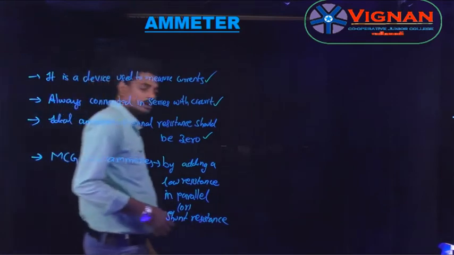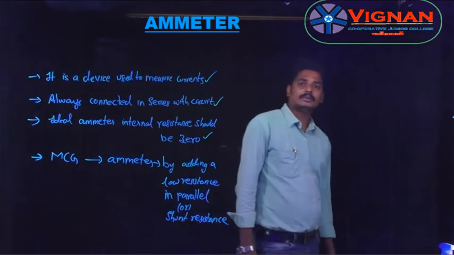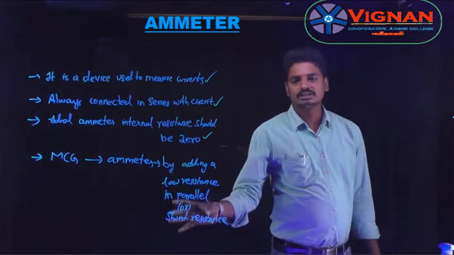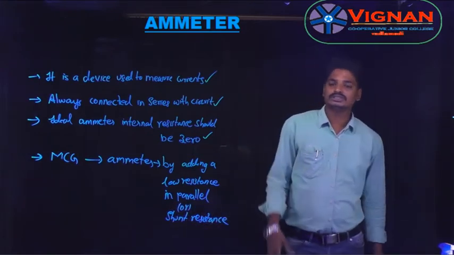So a moving coil galvanometer can be converted into an ammeter by adding a low resistance in parallel to the circuit, or by using a shunt resistance.